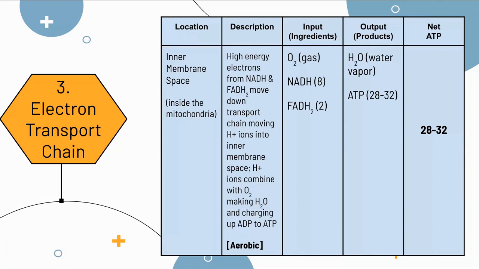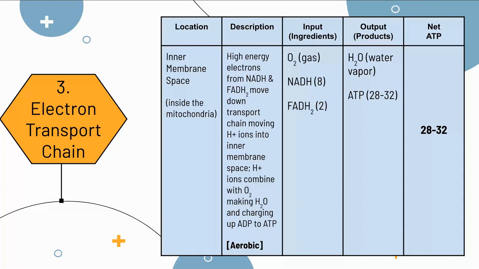Those electrons are going to move down a chain of proteins, and as they do, the proteins are able to pump hydrogen ions into the inner membrane space of the mitochondria. Eventually, this leads to a buildup of hydrogen ions, which will flow back into the mitochondrial matrix with the help of a protein, and water will be produced as oxygen continues to accept electrons and protons from NADH and FADH2.